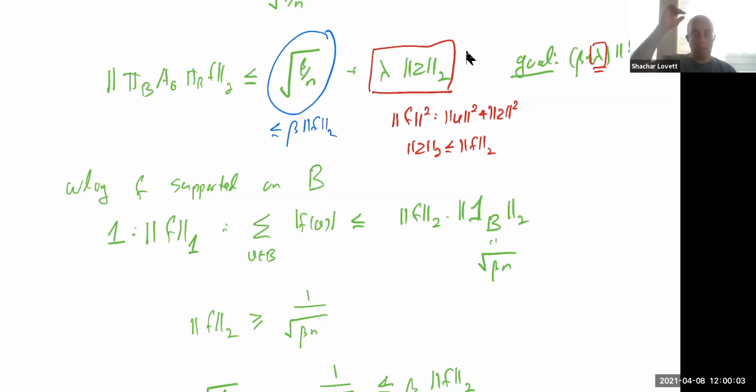So again, if this is not clear, probably the best thing is to go through the notes, we have the same calculation there, and maybe it's easier if you read on your own. What I want you to remember is the main thing we did here: first we expressed this quantity we cared about, this PBT, by the L1 norm of this vector. We bound the L1 by the L2. For the L2, we proved that this operator pi b, ag pi b contracts any vector by beta plus lambda.